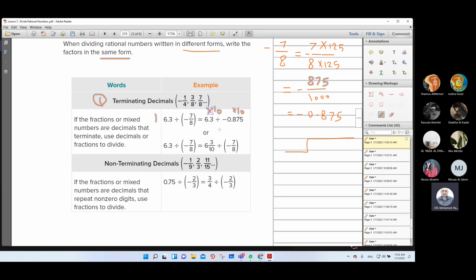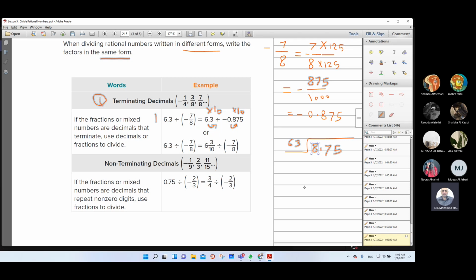If you remember, when you multiply the decimal by 10, move the point 1 digit to the right. So the point here, move it 1 digit to the right, the number will be 63. And here the number will be 8.75.